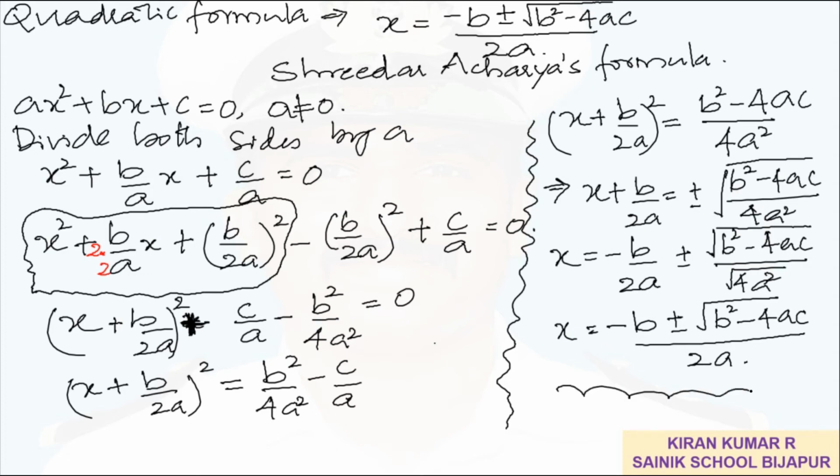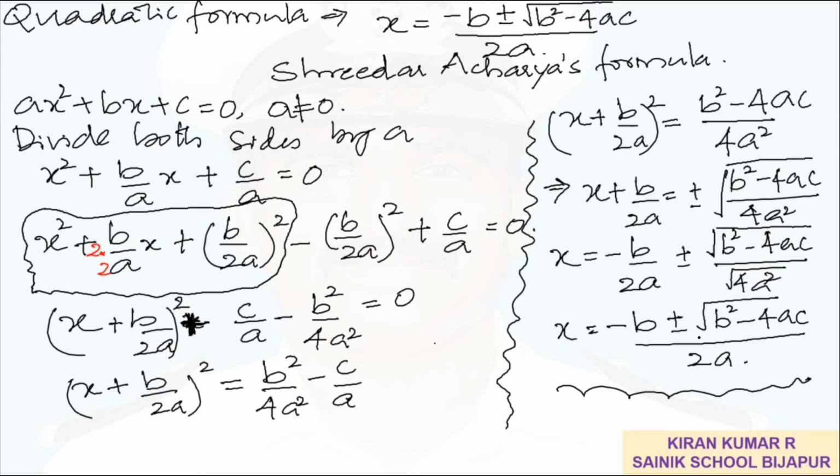This is the general formula to find the roots of a given quadratic equation of the type ax square plus bx plus c. To make use of the formula, it's very easy. We need to identify the values of a, b and c and substitute in the formula.